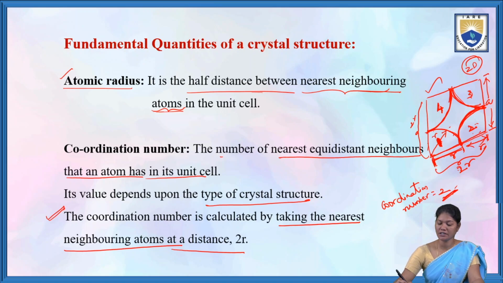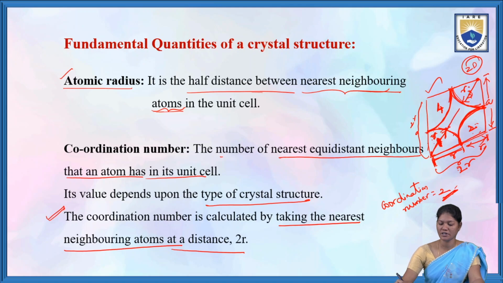Because from here to here, the radius is r. Like the same, from here to here, the radius is r. So the distance is r plus r, 2r.